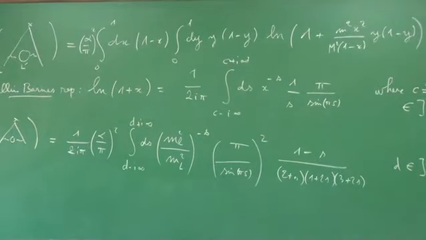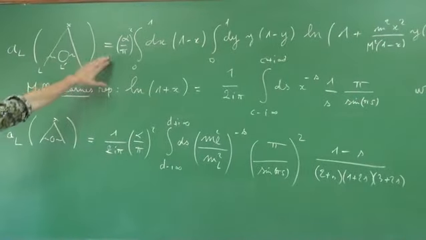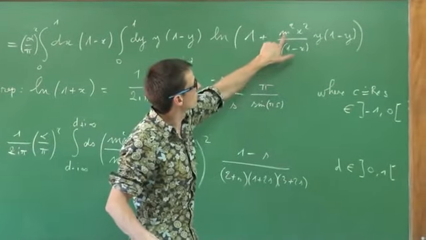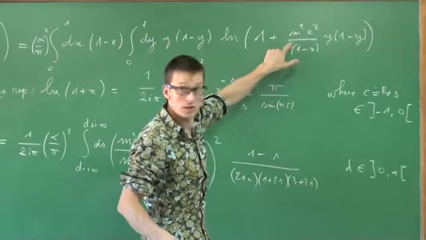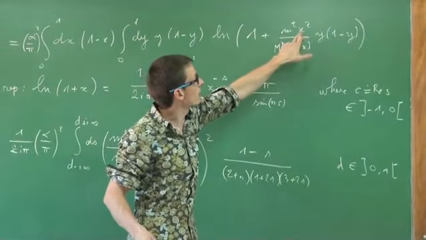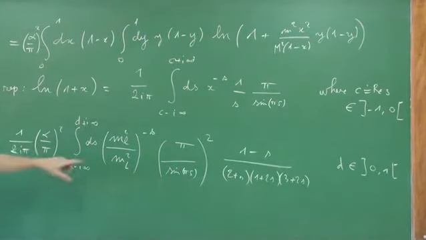But what was important going from this equation to this one was that we had the mixing between the parameters of the integral, the masses, and the variables x and y of integration. But here you see that there is a separation.